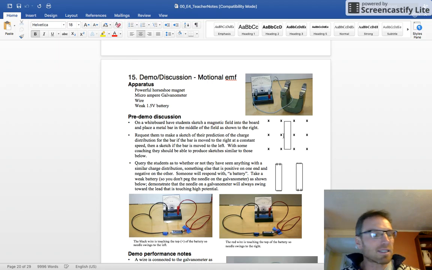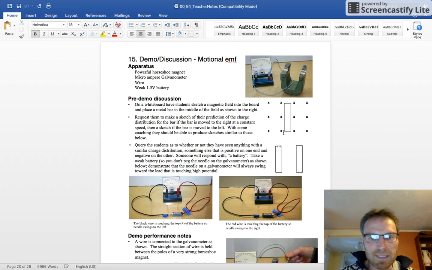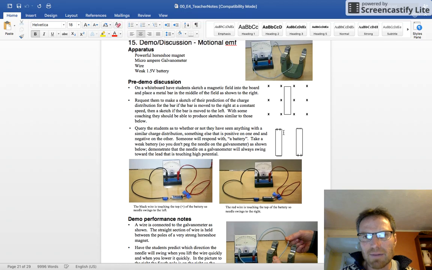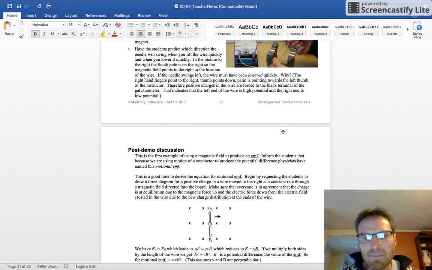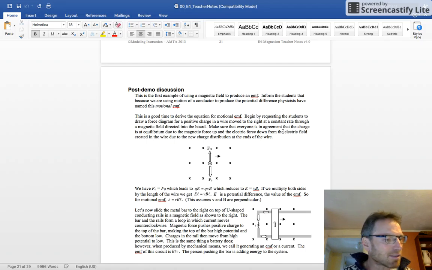I'll discuss that when I get to it. And so I'm excited to use some of this right here because it's simple. It's not a lot of materials, but yet it demonstrates pretty complex ideas.